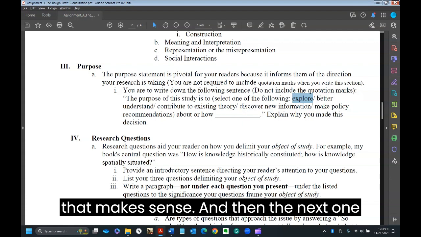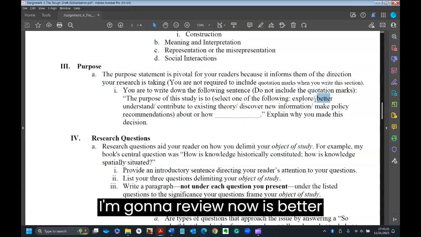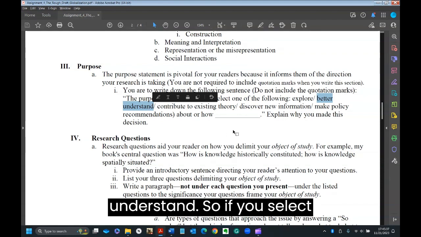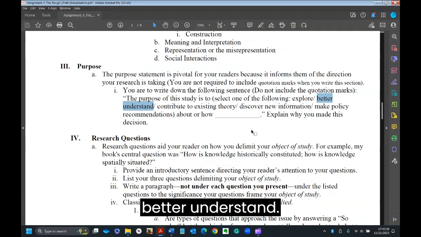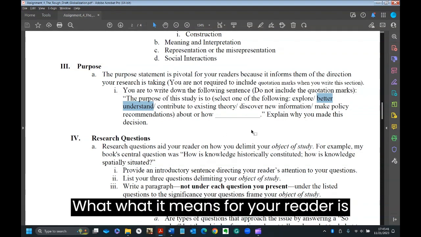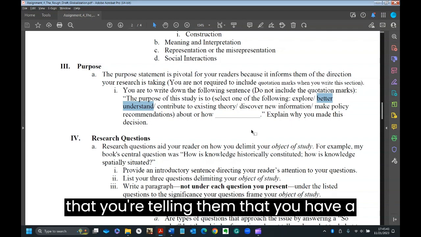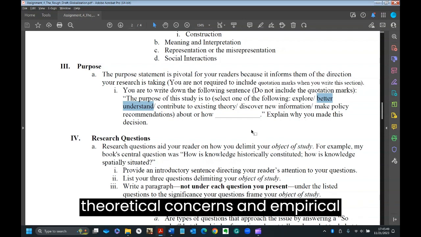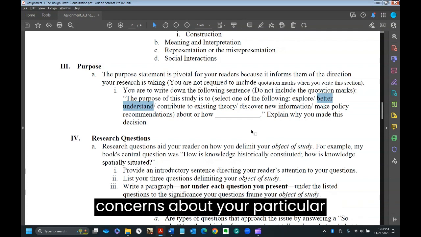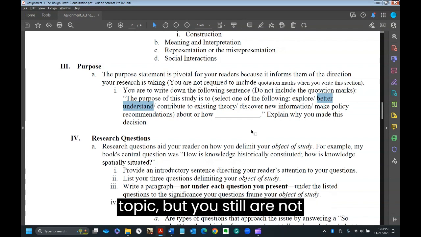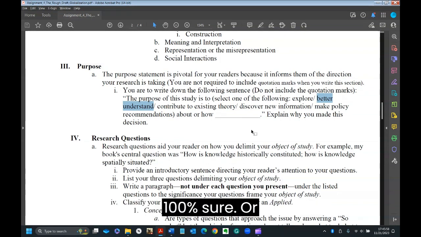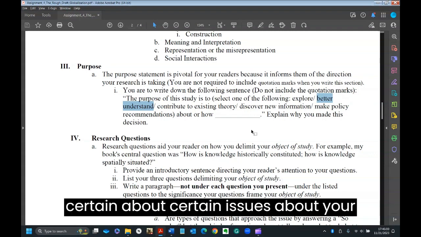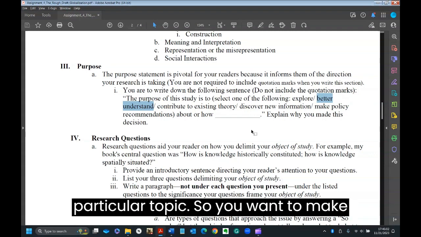And the next one I'm going to review now is better understand. So if you select better understand, what it means for your reader is that you're telling them that you have a basic understanding of what some of the issues are, what are some of the theoretical concerns and empirical concerns about your particular topic, but you still are not 100% sure or certain about certain issues about your particular topic.